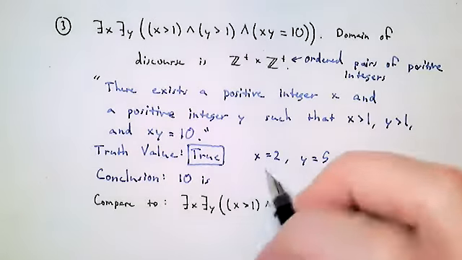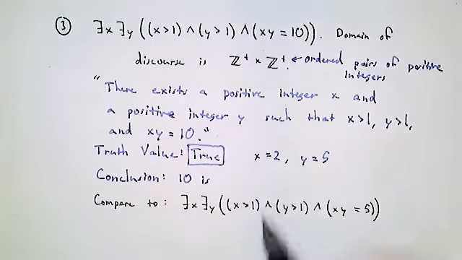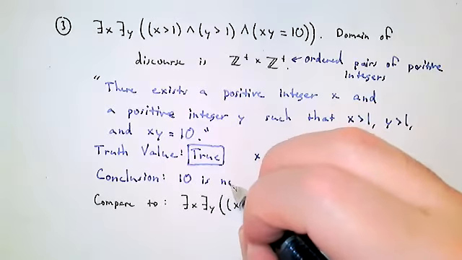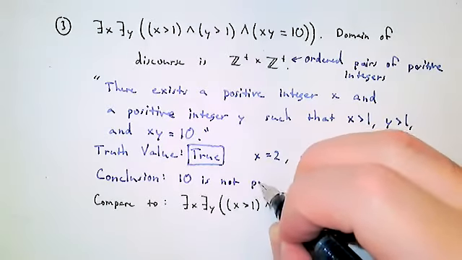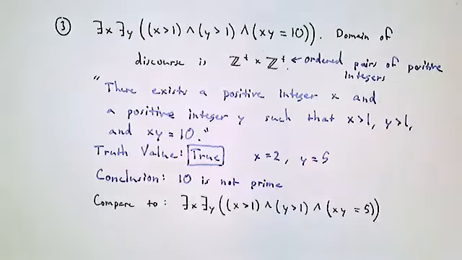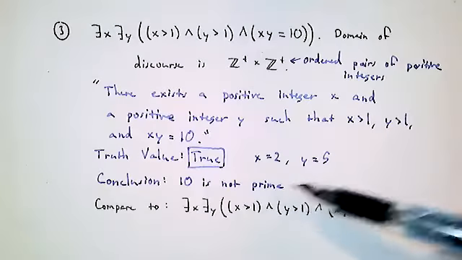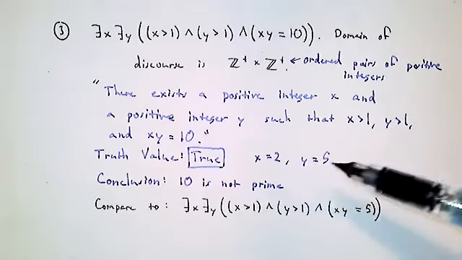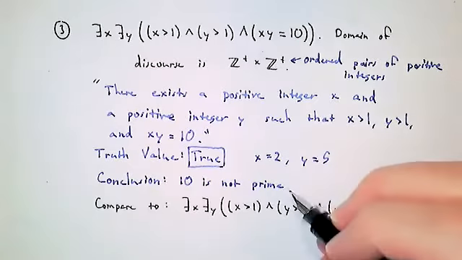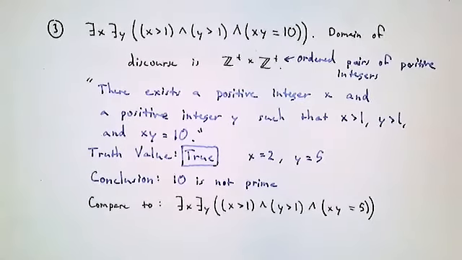Maybe I'm being too vague. We're saying 10 is not prime. Oh, not prime. Because we can factor it into 2 times 5.